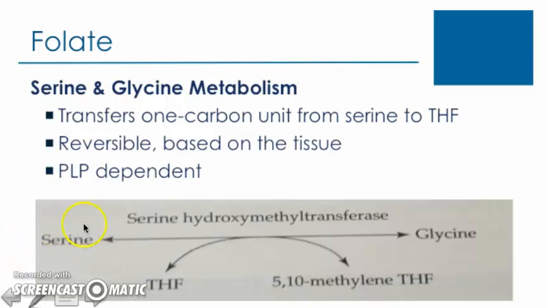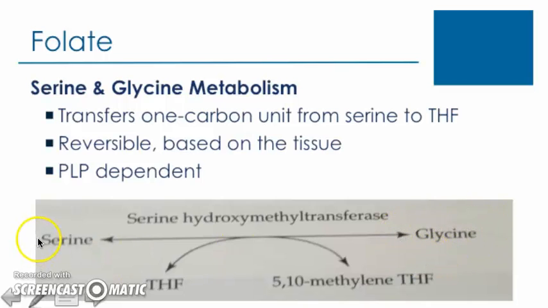So you can see here that serine is actually going to be initially containing the methyl group. Serine is going to transfer the methyl group to tetrahydrofolate. After serine transfers its methyl group to tetrahydrofolate, the THF will then become 5,10-methylene tetrahydrofolate, and then serine is converted to glycine. Glycine does not contain the methyl group.